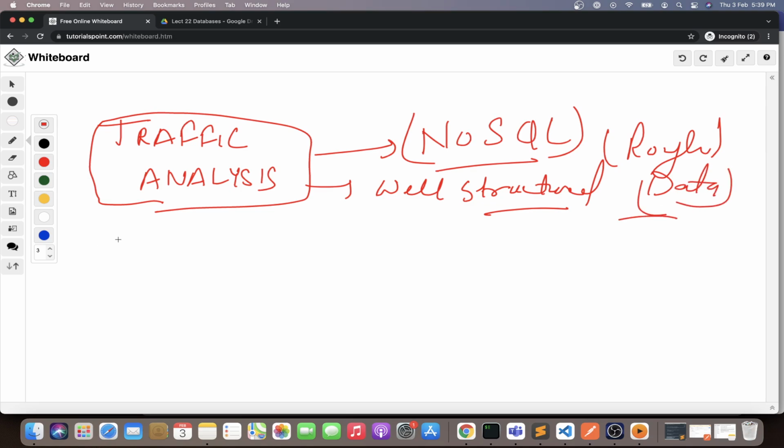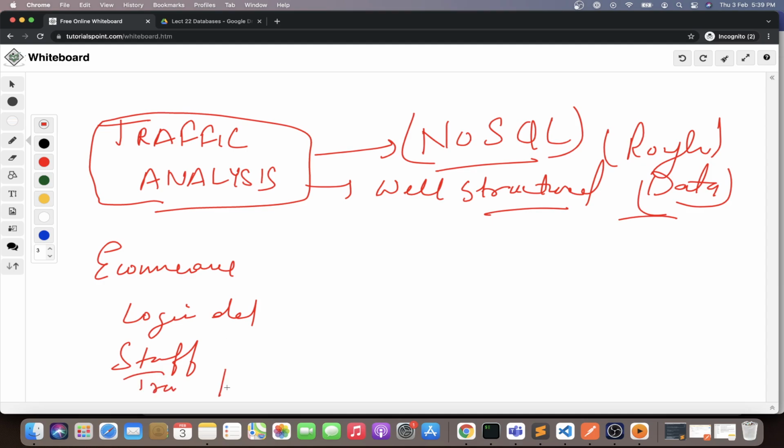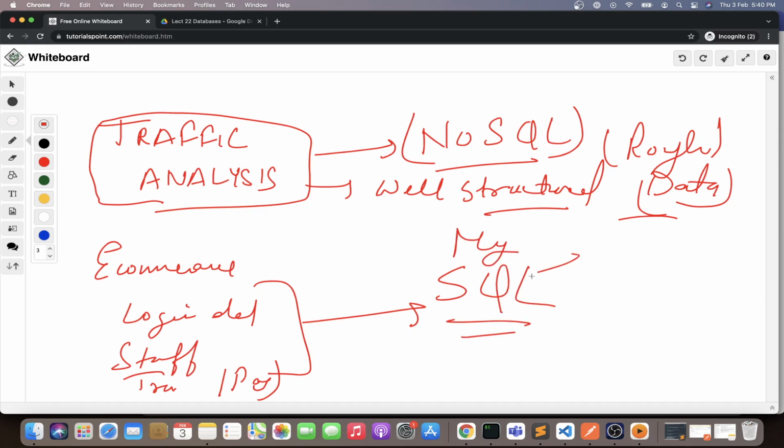But if there is an e-commerce website with a lot of components, like login details, staff details, transaction slips, pay slips, that kind of ecosystem requires SQL, MySQL. So I hope you have understood the basic difference between both of these DBs.